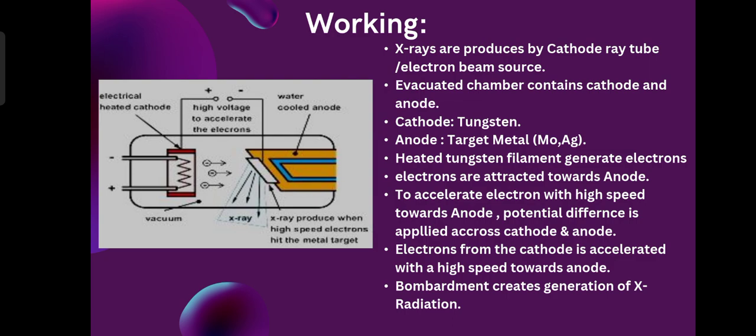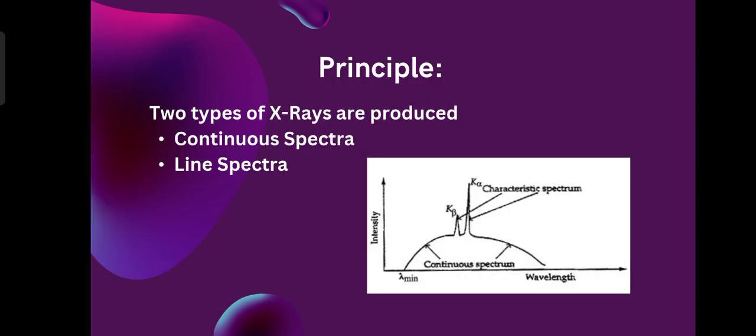Because of this high speed, the electrons get bombarded onto the surface of the anode. Upon bombardment there is an emission of radiations called X-ray radiations. Now we will see in detail how these X-ray radiations are generated under principle.